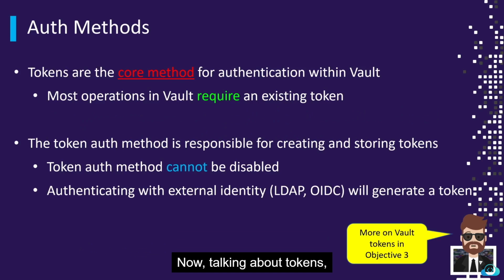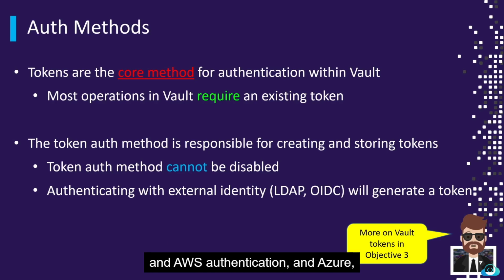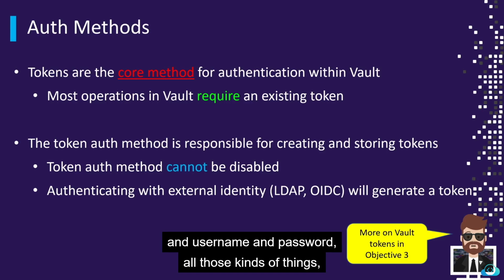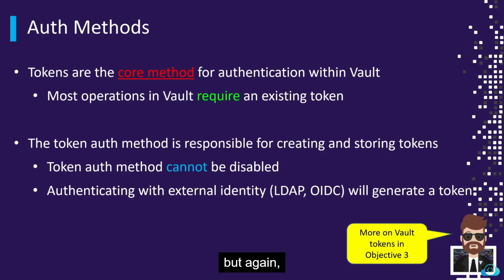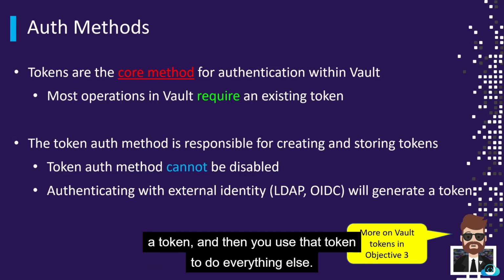Now, talking about tokens, tokens are really the core method for authentication within Vault. Sure, we can enable LDAP and we can enable OIDC and AWS authentication in Azure and username and password, all those kind of things. But again, the fundamental goal of all those other ancillary auth methods is to obtain a token, and then you're going to use that token to do everything else.